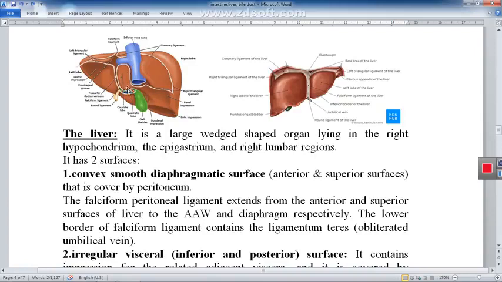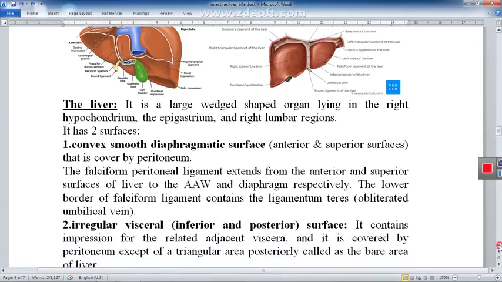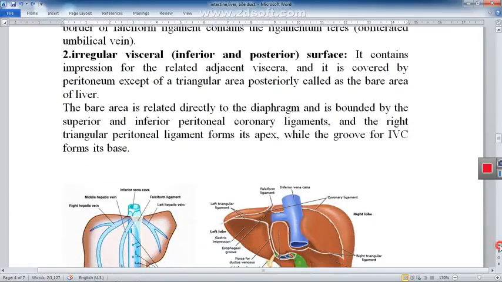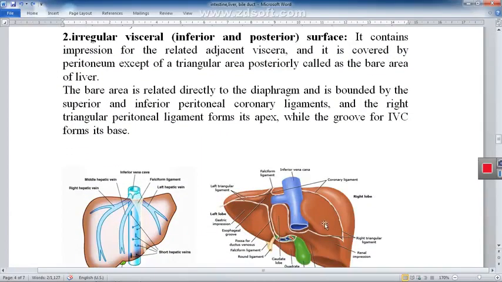The other surface, the irregular surface, is called the visceral surface because it is related to some viscera. This visceral surface is inferior and posterior.